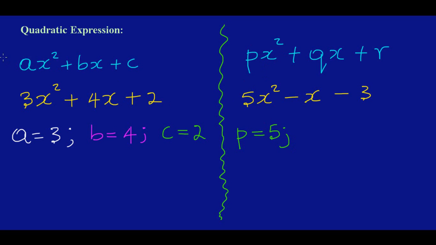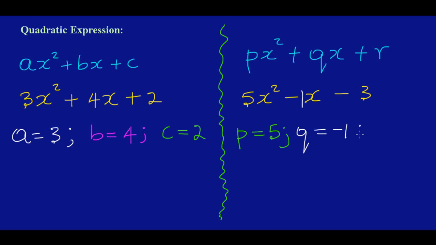Then my Q is the coefficient of the term in x, so Q would be equal to, and if you notice, the coefficient of x here would be a 1, and you have to carry the sign, so this is negative 1.